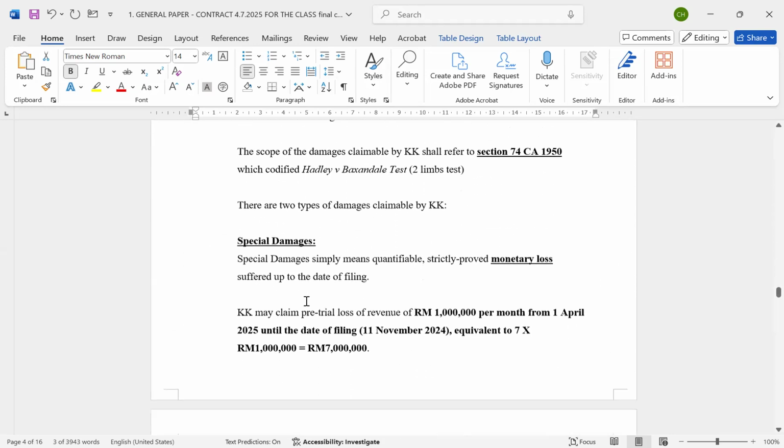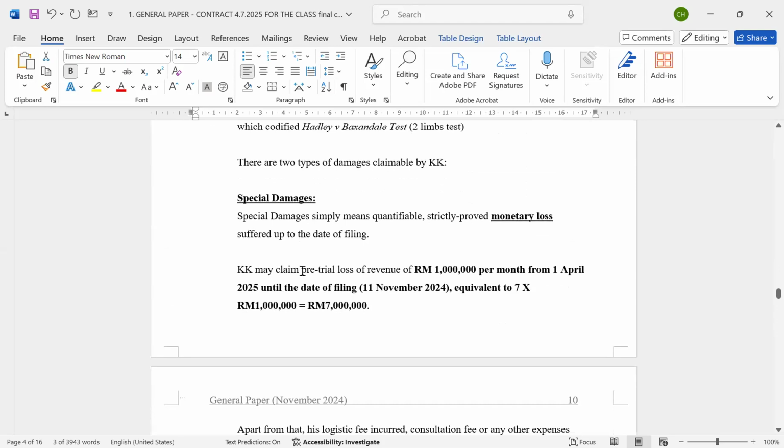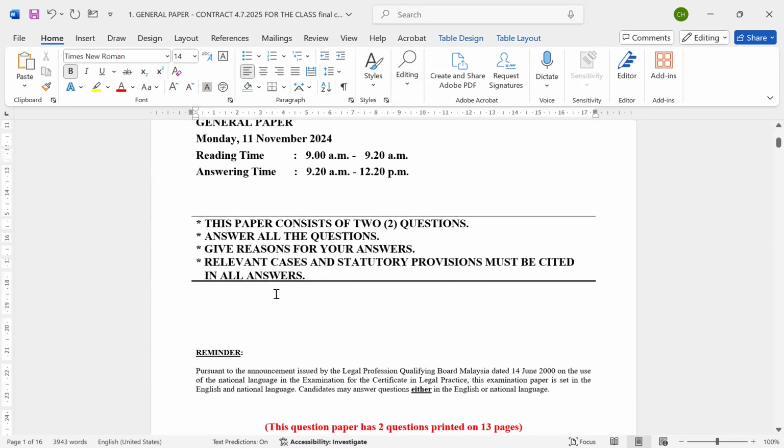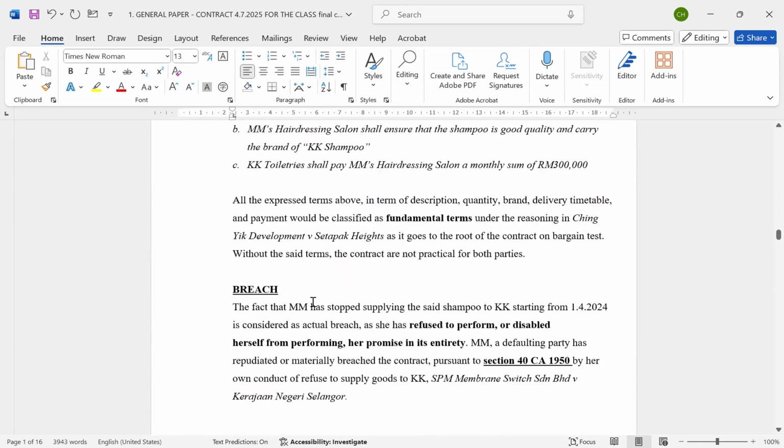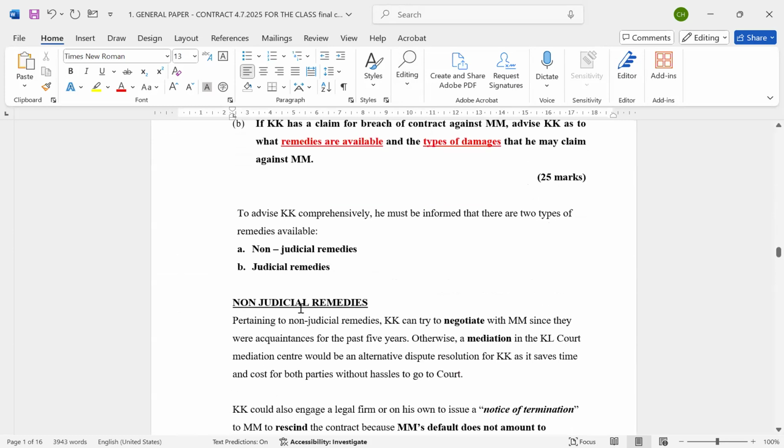Okay, special damages. KK can claim pre-trial loss of revenue. That is 1 million ringgit per month. From when onwards? From the date of breach, 1st of April 2024.